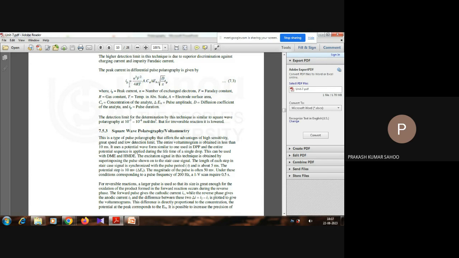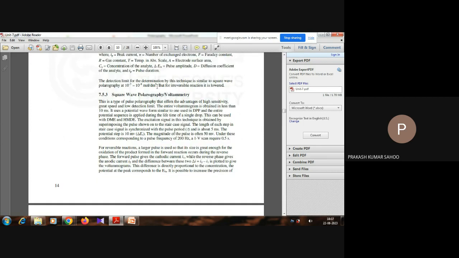We have different Ips for differential pulse polarography. Okay, so here remember delta Ea is 50 millivolt and tp, the pulse time, is 50 millisecond. Okay, and the rest will depend on n, because the variable here is n, that is the number of electrons transferred.